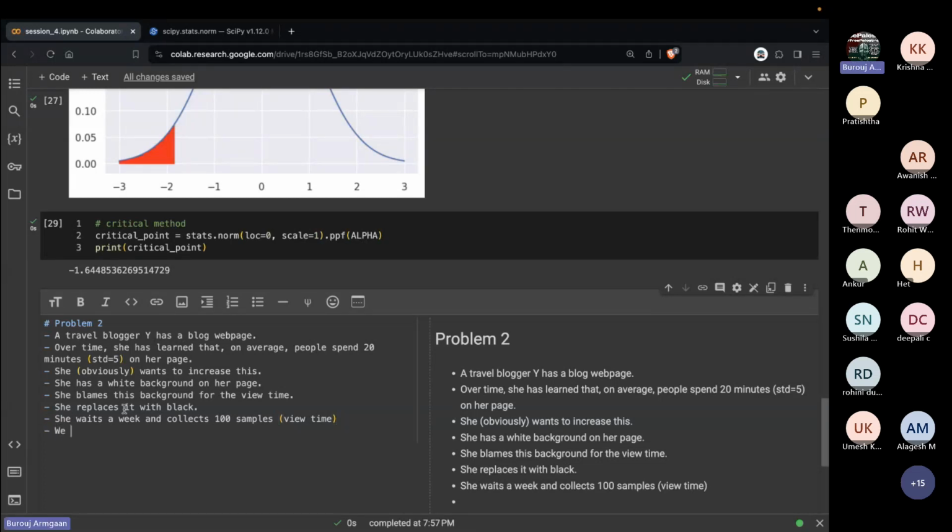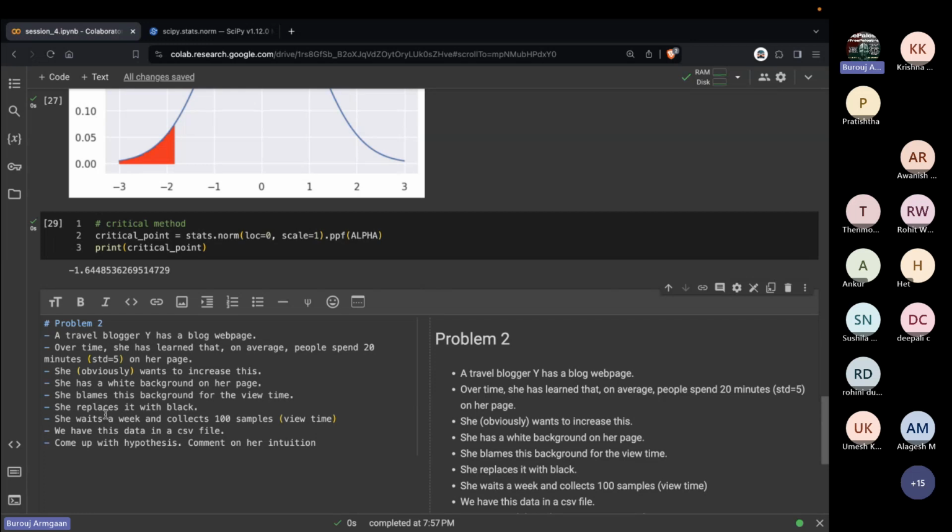We have this data in a CSV file once again. Now, same as before, come up with hypotheses and comment on her intuition.